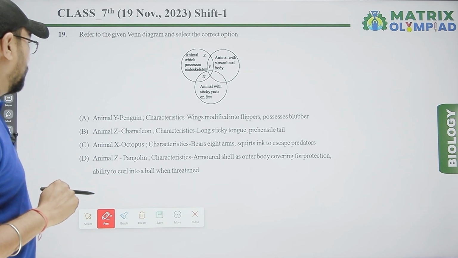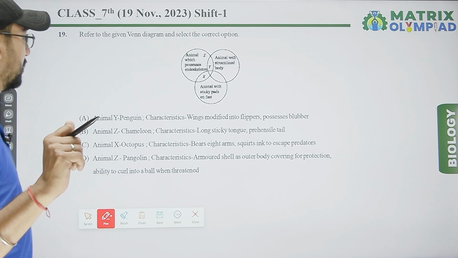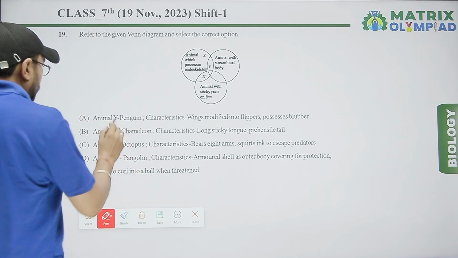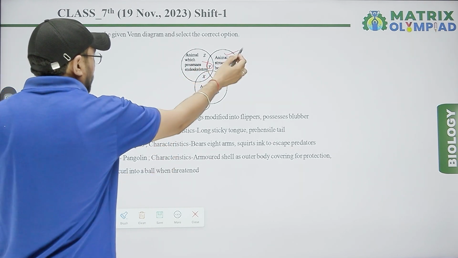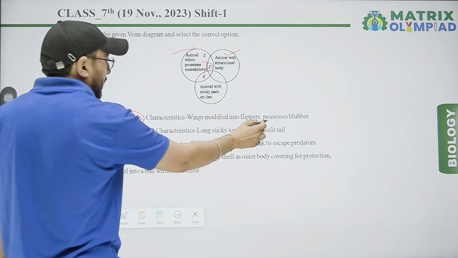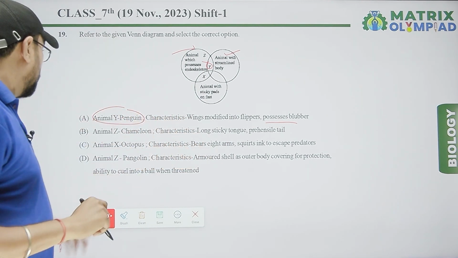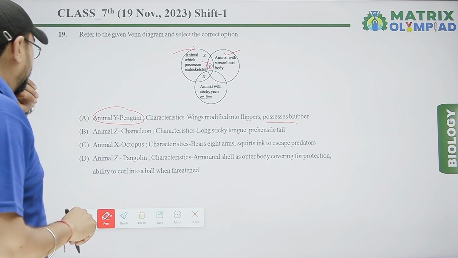Penguin, characteristic wing modified into flipper, possesses blubber. That means penguin is Y, and streamlined body, that is right. Wing modified to flipper, that is right. Possesses blubber, right. So Y is right for streamlined body nature.